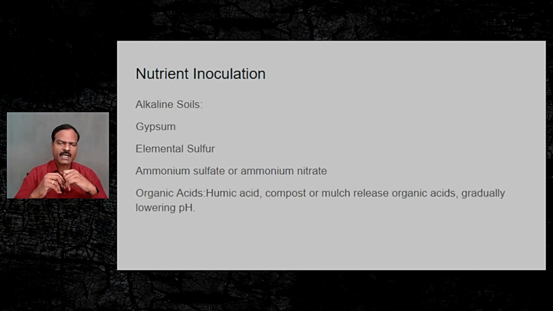For the alkaline soils, one could add materials like gypsum, elemental sulfur, ammonium sulfate or ammonium nitrate, or organic materials such as humic acid, compost or mulch, which also release organic acids.